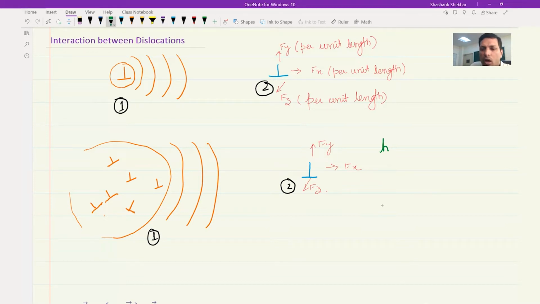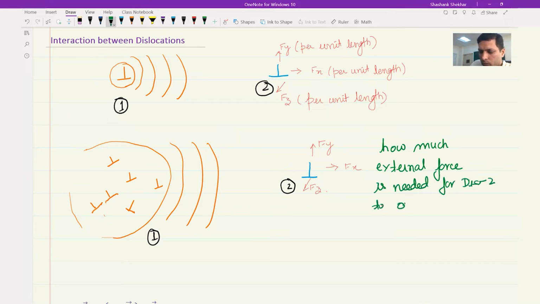How much external force is needed to overcome this internal resistance. So this formalism would also help us understand how much external force is needed for dislocation 2 to overcome internal resistance.